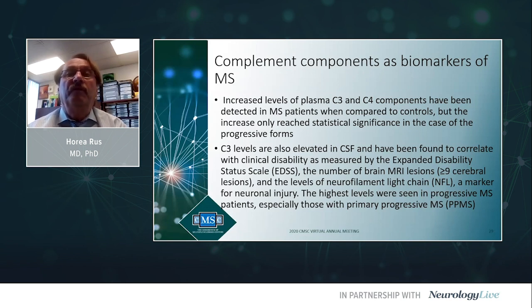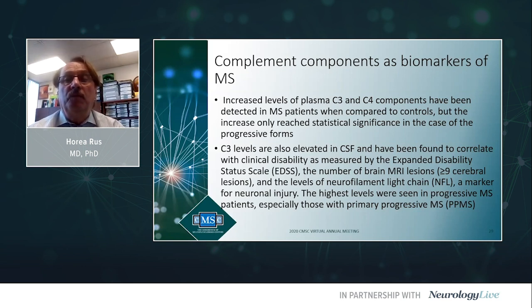Increased C3 and C4 levels in plasma were also found in MS patients, and this reached statistical significance in the progressive form of MS. In addition, C3 levels were also elevated in the CSF and were found to correlate with clinical disability as measured by EDSS, with the number of lesions on the brain MRI, more than 9 lesions, and with the neurofilament light chain levels.